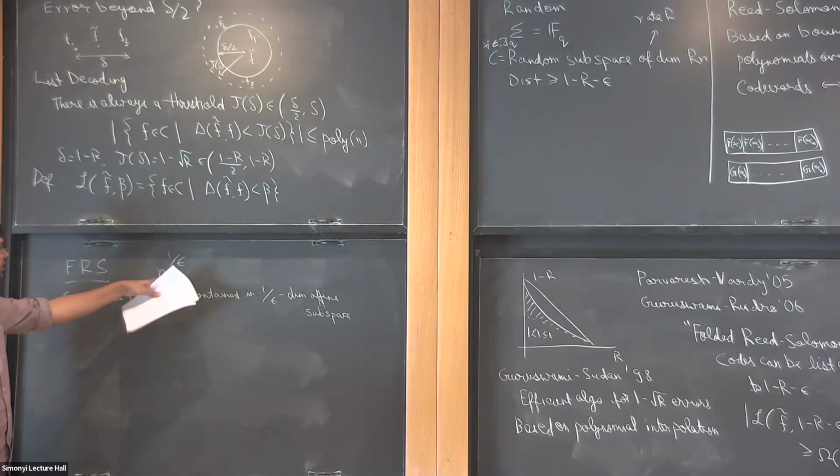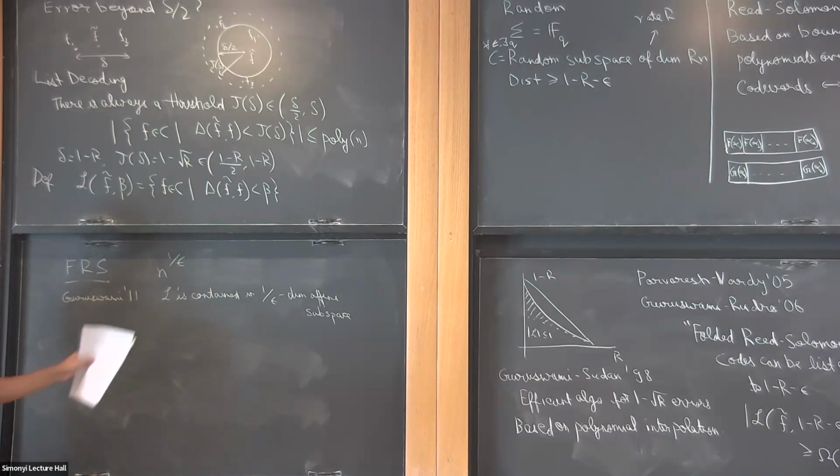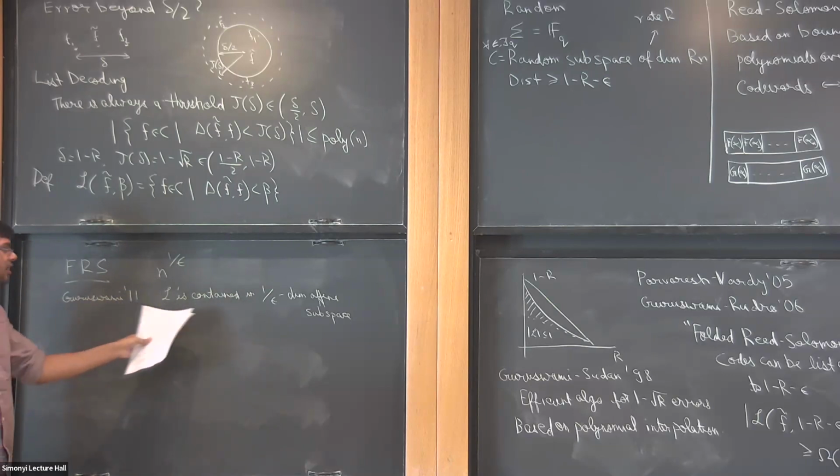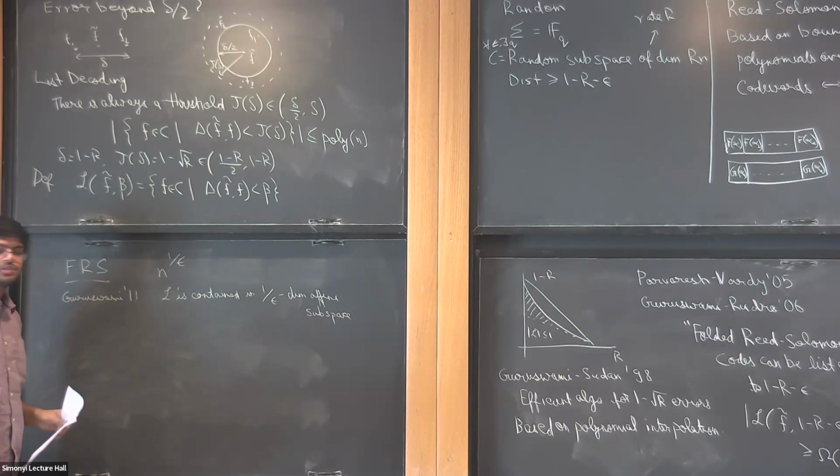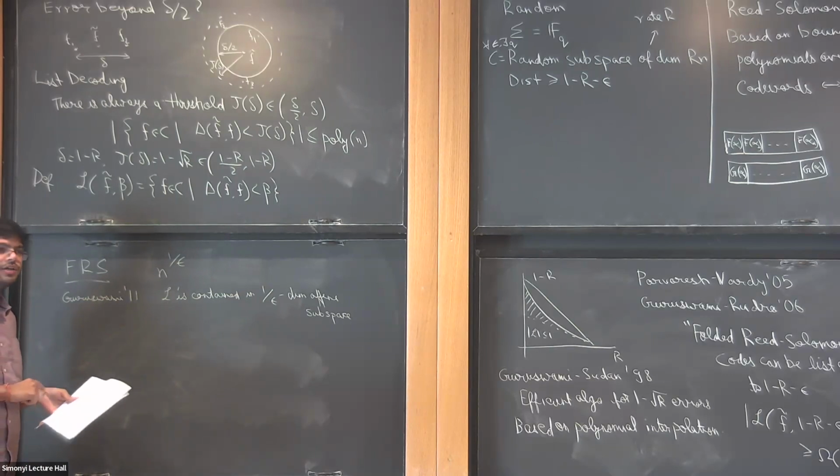So this does not directly lead to an improvement in the list size, but it gives more structure to it. Because Q is of the order of n, the number of affine combinations we can take is n to the 1/epsilon, or Q to the 1/epsilon.